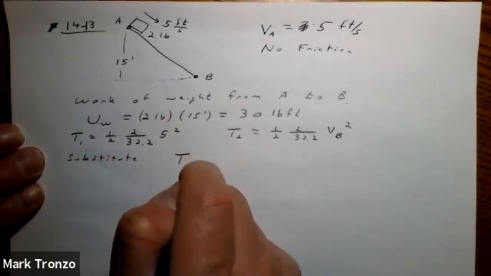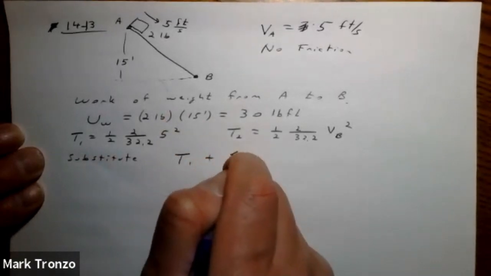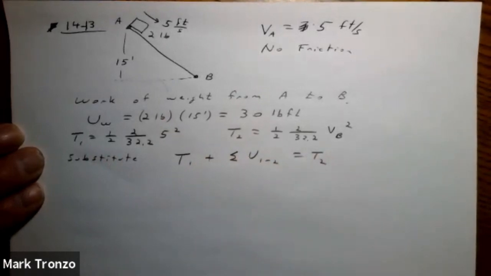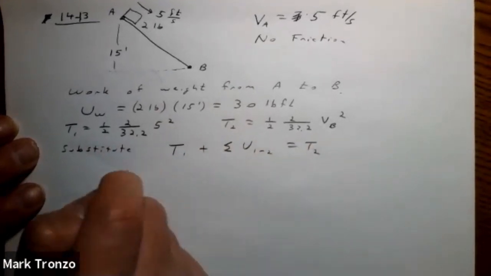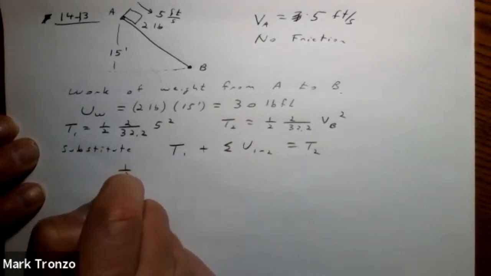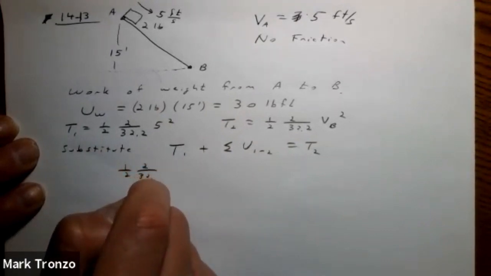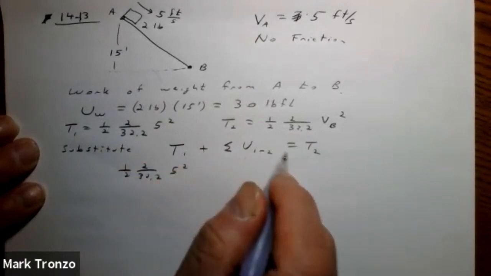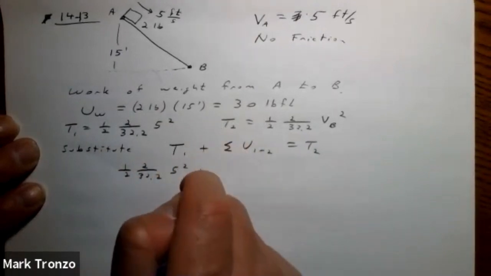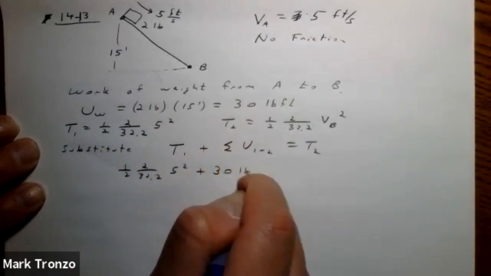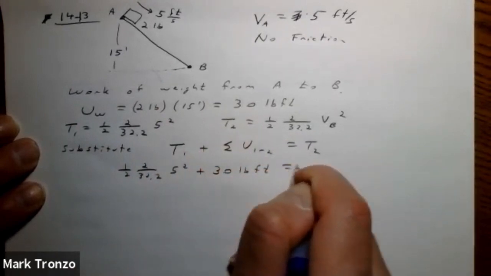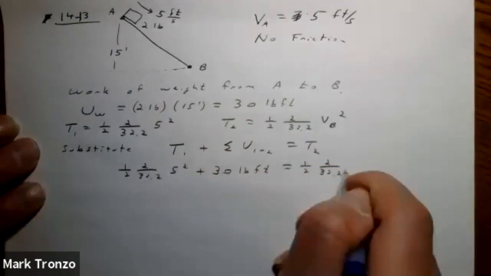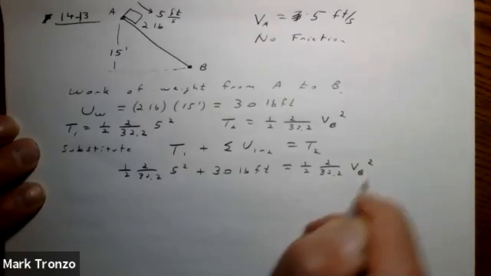There's no friction in this case, so the work was 30 pound-feet, equals 1/2 times 2 over 32.2 times VB squared.